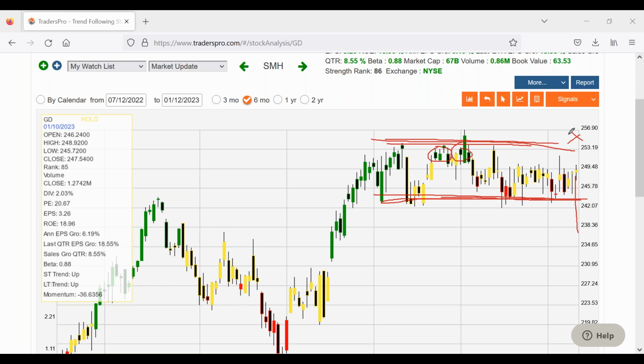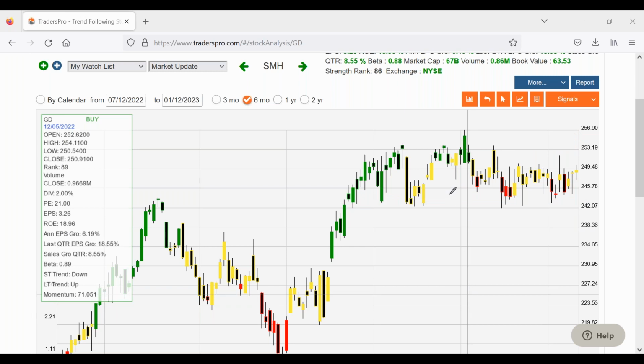Now, if it does break out, there is a rule of thumb. I bring this up all the time, and hopefully if you've been following me for a while, you know it by heart now. You can take the top of the range and the bottom of the range. So if you break out of a sideways consolidation like that, you can take the distance of the range and project that upward, and it gives you kind of a minimum target.